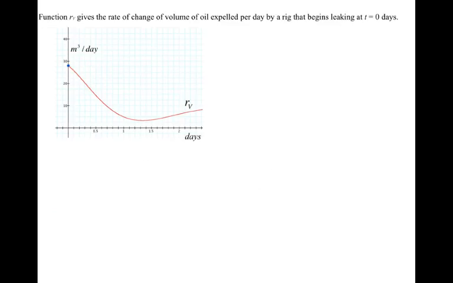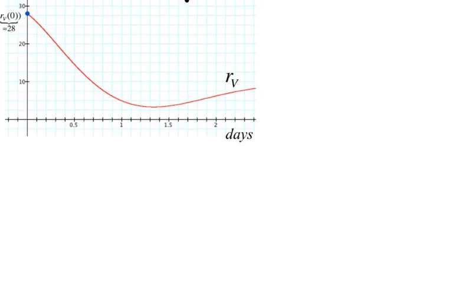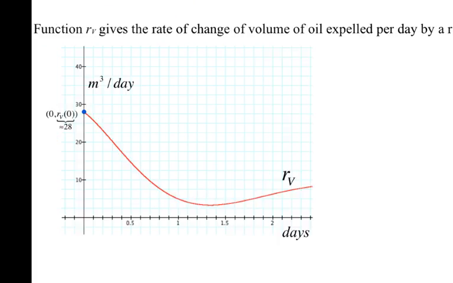So we're going to go to your homework here. What did we do? You identified points on the rate graph for your homework, every 0.4.